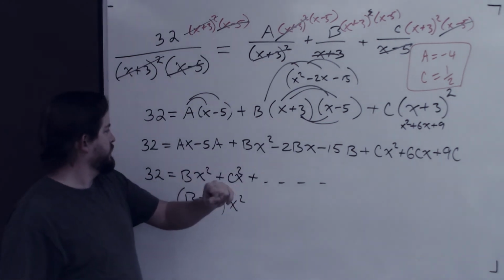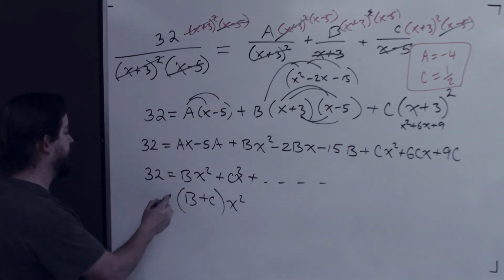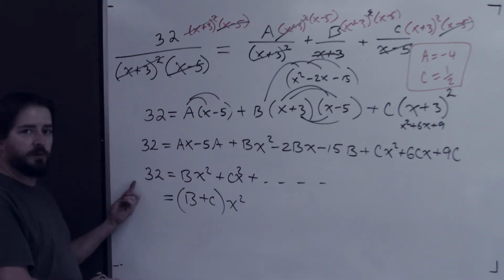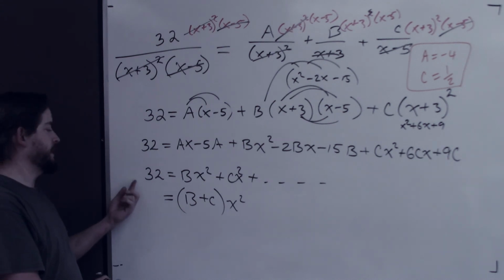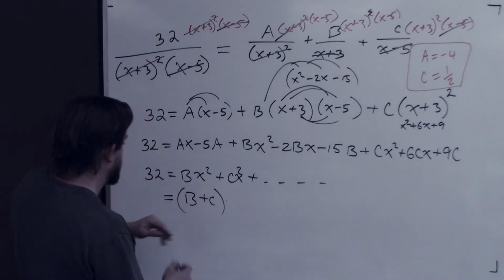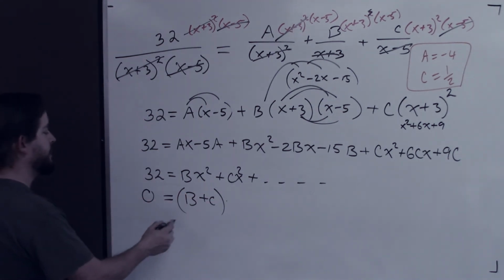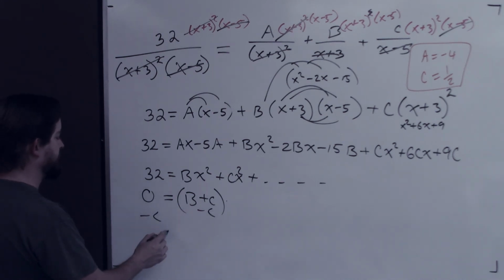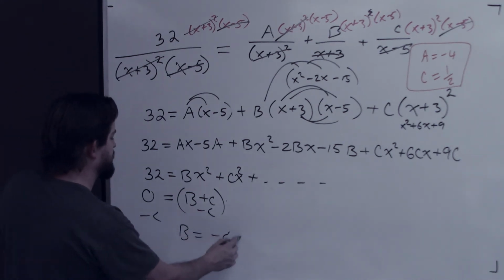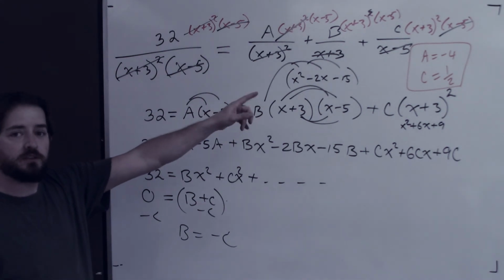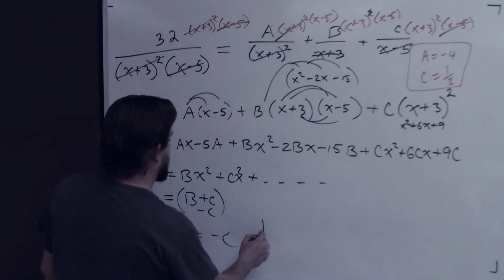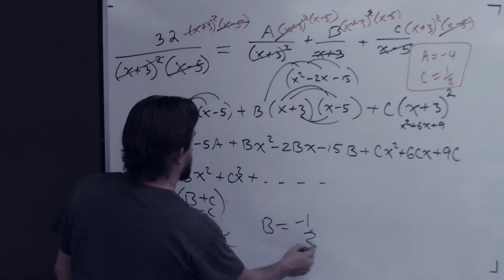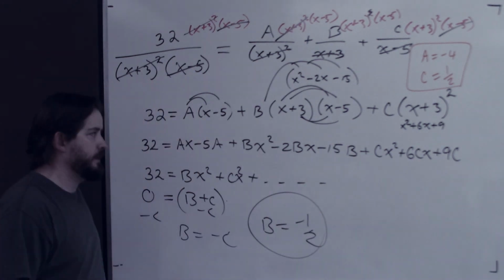Since there's no other x squareds in here, that has to be equal to 0 because there's not an x squared on the left-hand side. So I have this, b plus c is equal to 0, which if I subtract c from both sides, then b is simply the opposite value of c. I know c, it's 1/2, so b is negative 1/2, and I'm done.